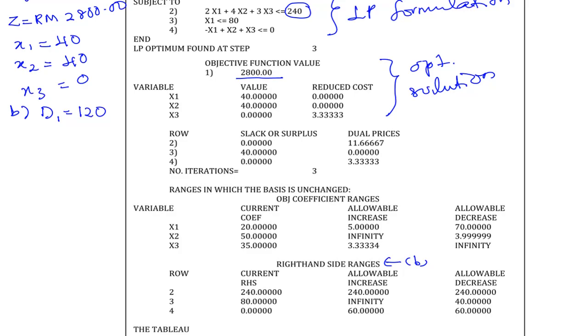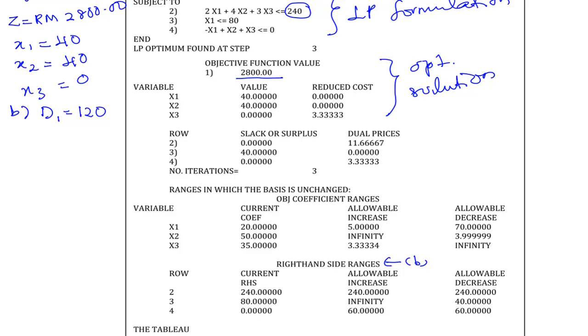We need to check the allowable increase. It can be increased by 240 maximum. Therefore, this change D1 is still in the range.